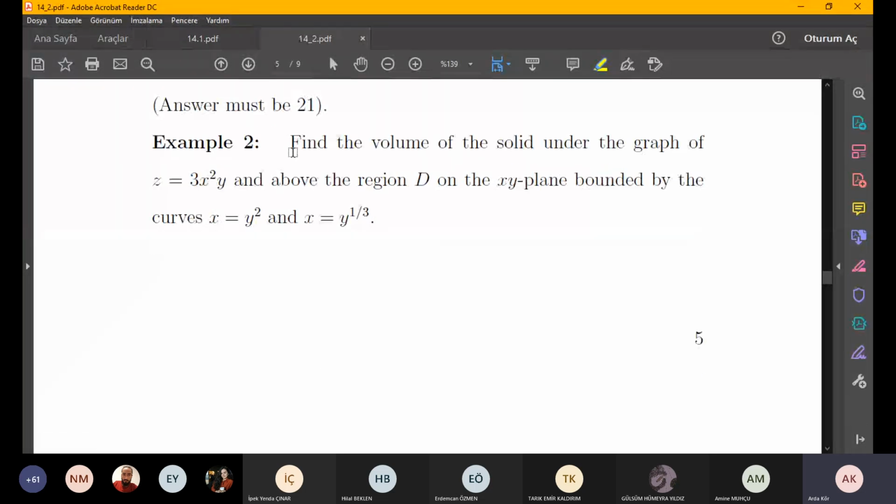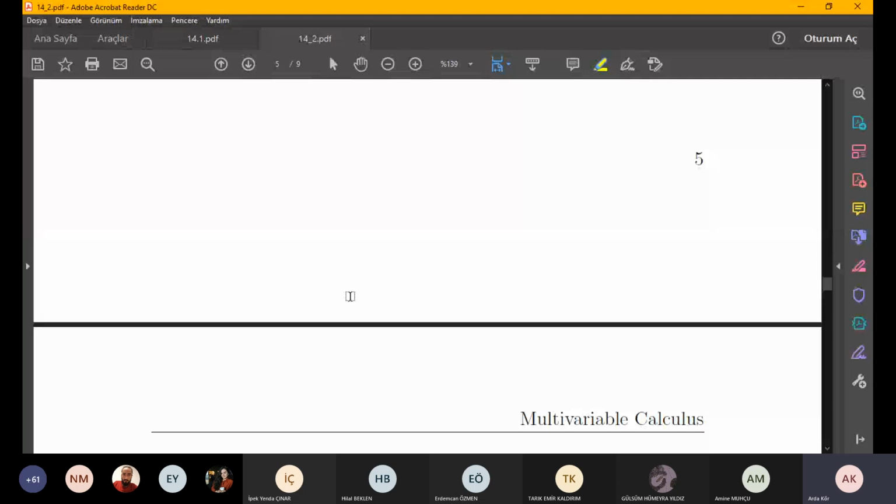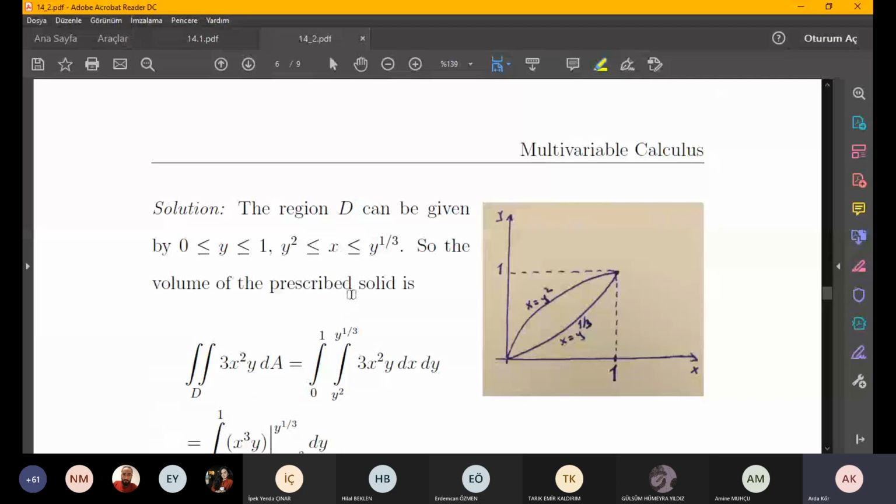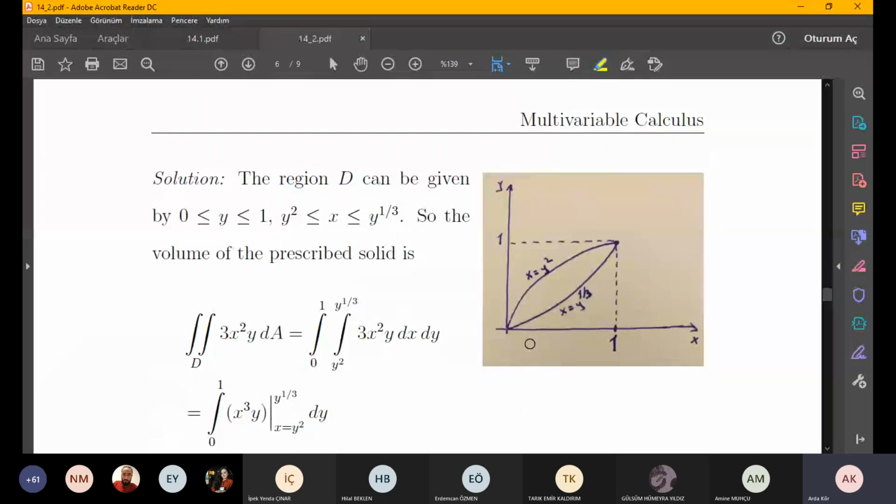And another example here, in which we will try to find the volume of the solid under the graph of f(x,y), which is 3x squared times y, and above the region D, which is a region on the xy plane bounded by the curves y equals x squared and x equals y to the power 1/3.